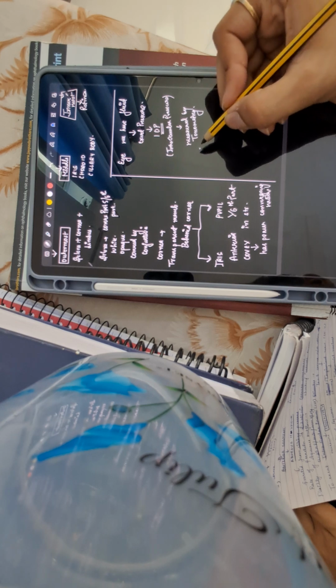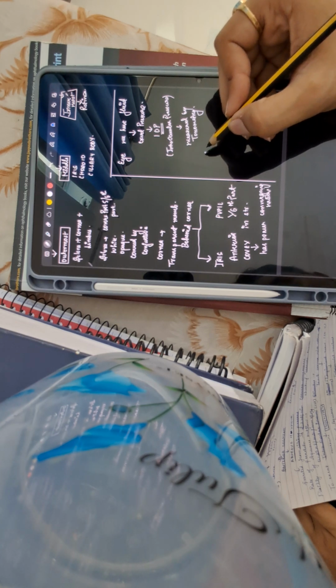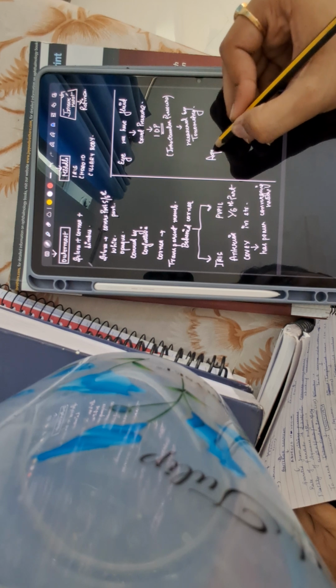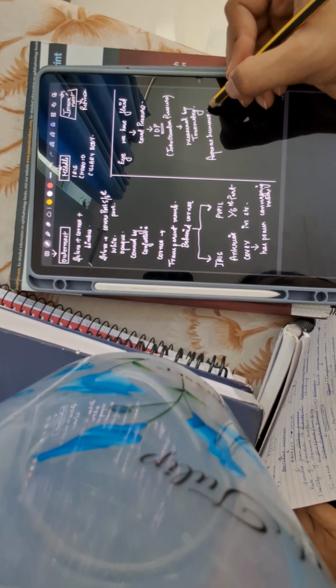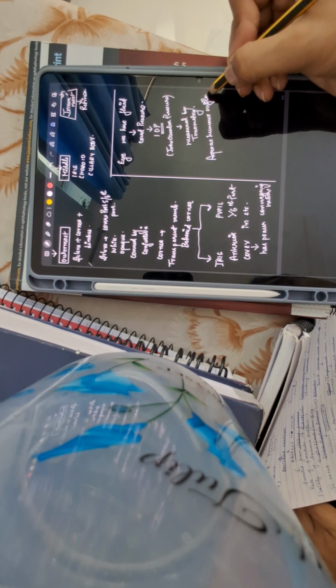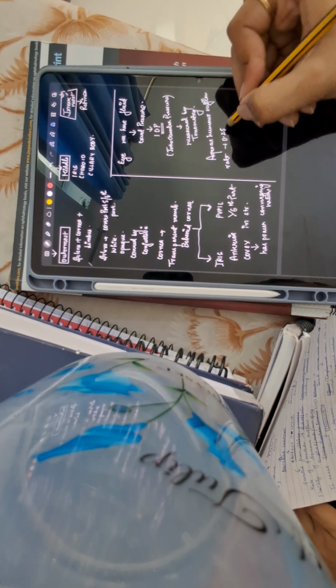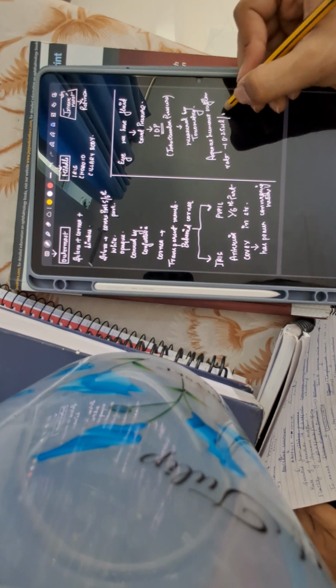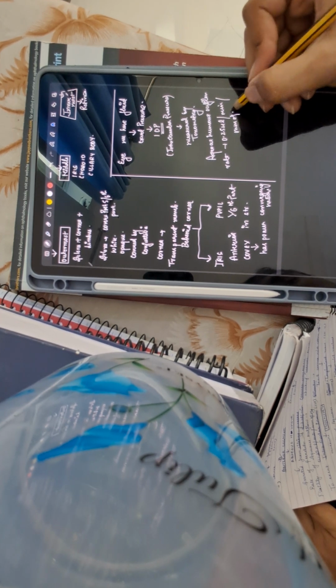You should also know that the aqueous humor outflow rate is 0.25 microliters per minute per mm of Hg.